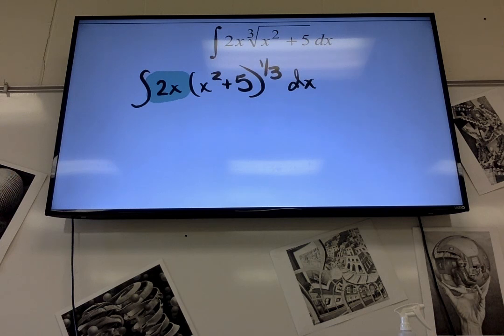Chunk it, get it out. So now I can just take the antiderivative of x squared plus 5. I add 1 to 1/3. 4/3. So that's 4/3. I divide it by 4/3.